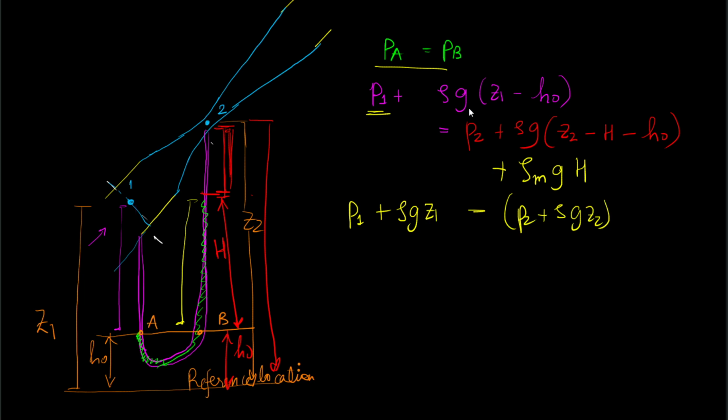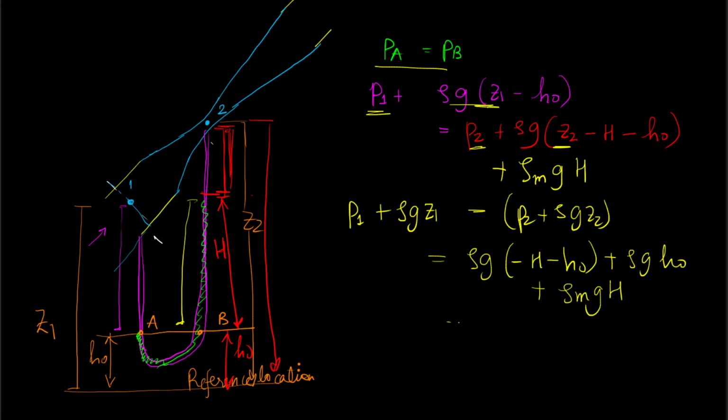Essentially, I'm taking combinations of these terms and these terms, and the rest of it will be rho G minus H naught plus rho G H naught plus rho m G H. And so the minus rho G H naught and plus rho G H naught cancel out. So we have minus rho G capital H plus rho m G H. And this simplifies to rho m minus rho times G H.